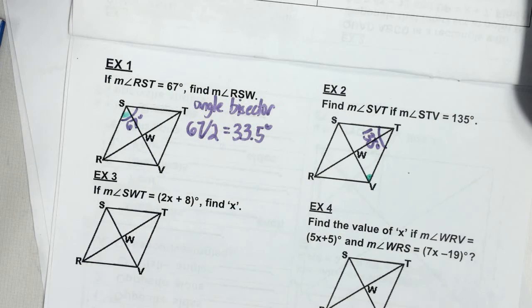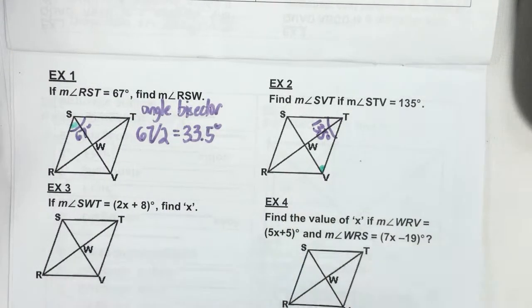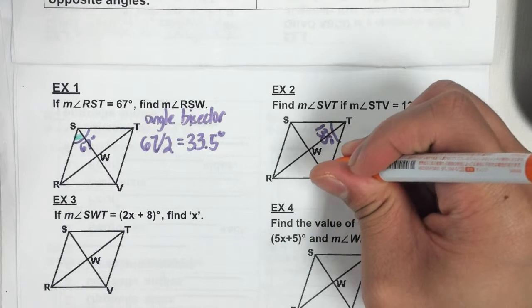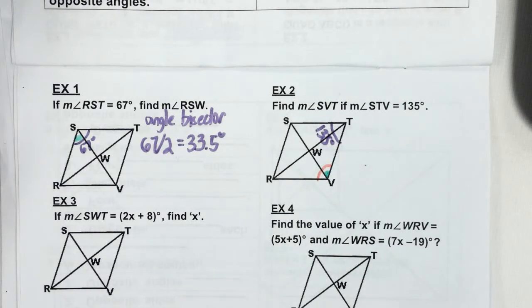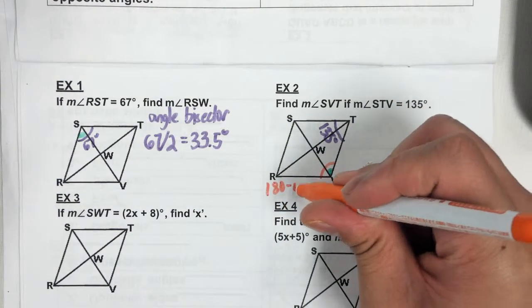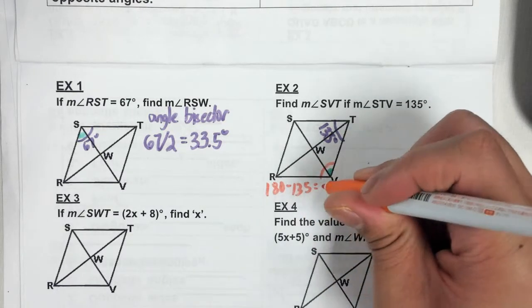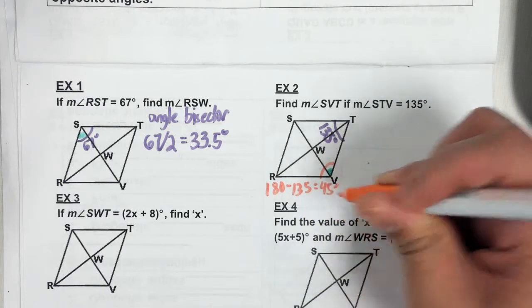And you're probably wondering, what does that have to do here? Now, there's plenty of different ways to solve this. First, we know property number 4, consecutive angles are supplementary. These 2 angles, the purple and the orange, add up to 180 degrees. So if I do 180 minus 135, that gets me 45 degrees.